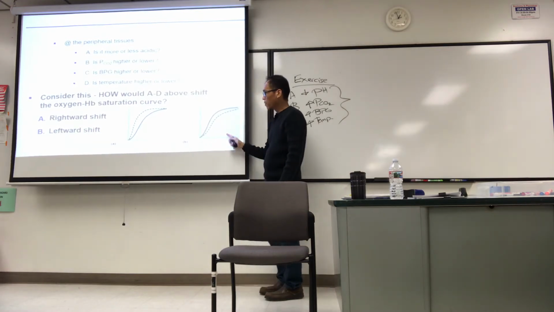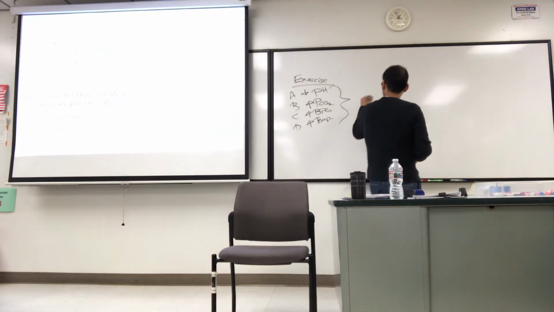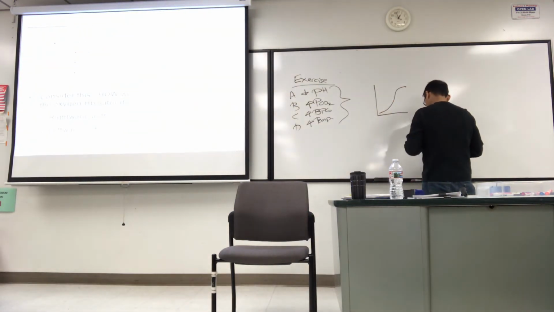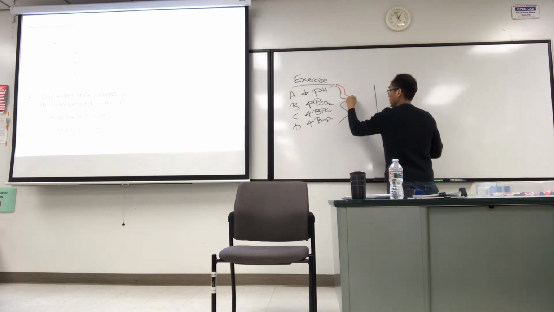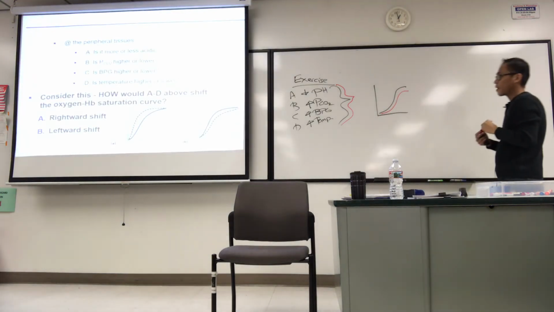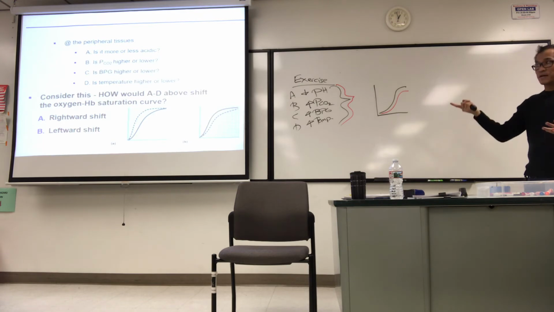I heard both. B is correct. Shift it down to the right. So basically, if this is normal, these things shift it this way. Okay, that was the rightward shift I was talking about.